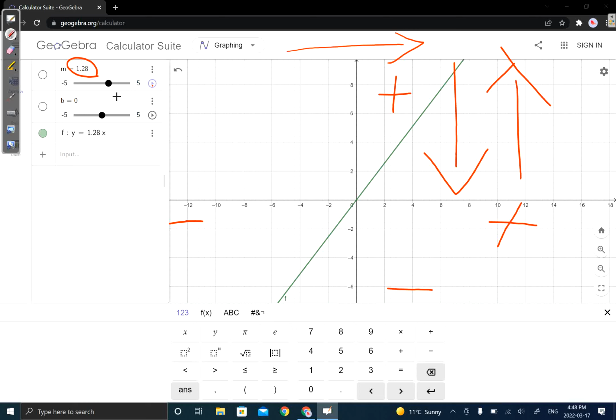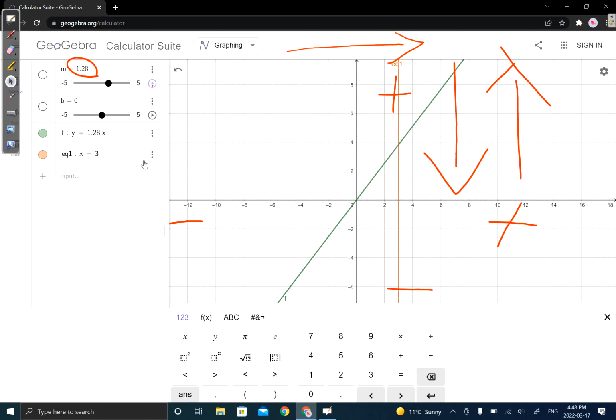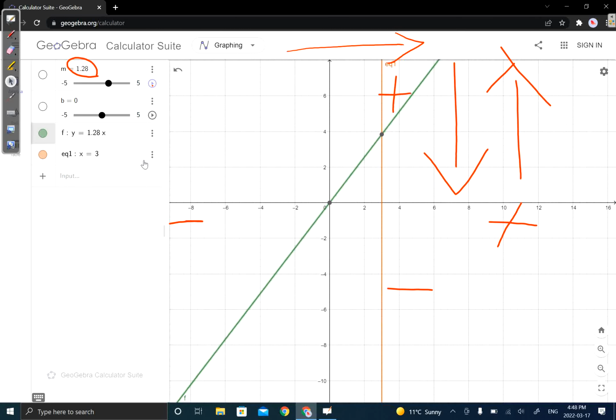So for example, I'm going to write one of them down here so that you can see it. We have, for example, x is equal to 3. I'm going to zoom in a little bit. You're going to see the 3 here.